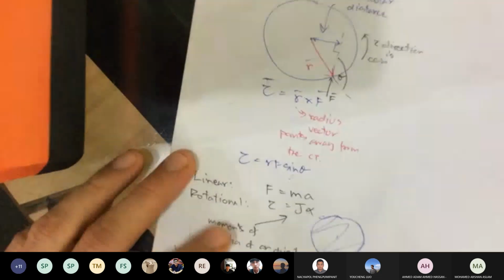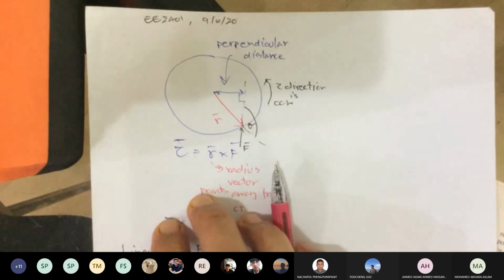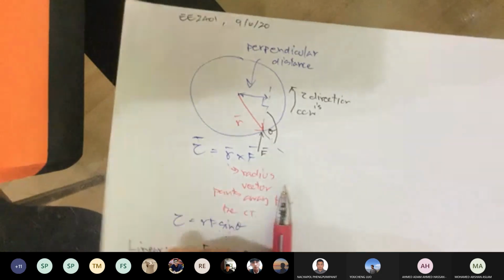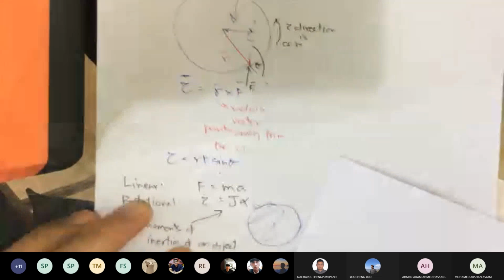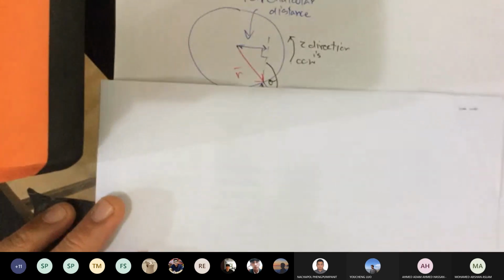Let me get a new scrap paper. I got a picture here. So these are older ones. Now go back to the analogy.